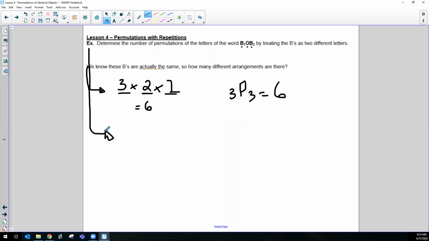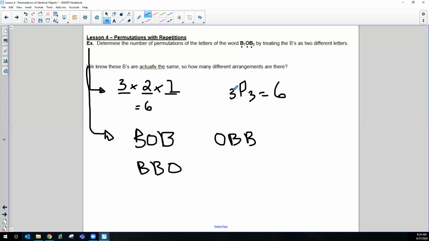So how many different arrangements are there? If I have BOB and I wanted to arrange this, we know BOB is one arrangement. We know that OBB would be another one. And then we could go BBO.